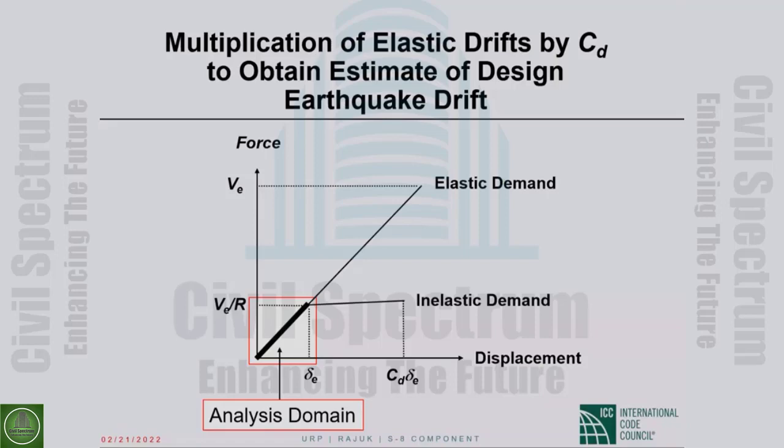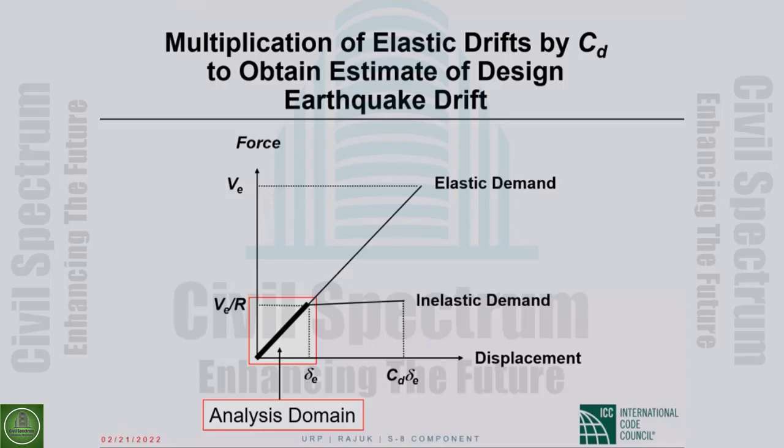I mentioned previously that the deflection corresponding to elastic behavior does not change much when behavior is inelastic. When you make your structure less strong, part of the deflection is elastic, part of the deflection is inelastic.